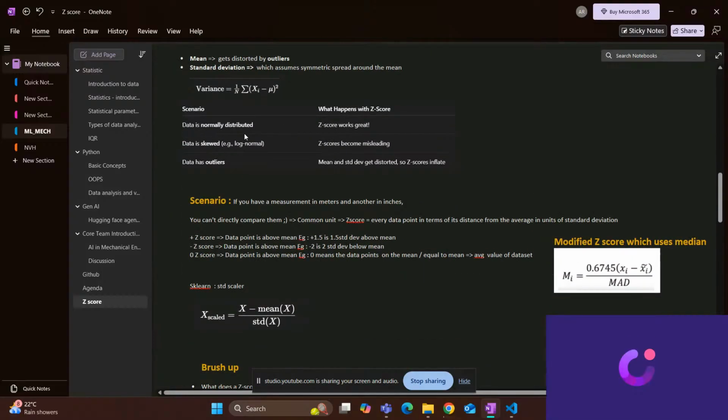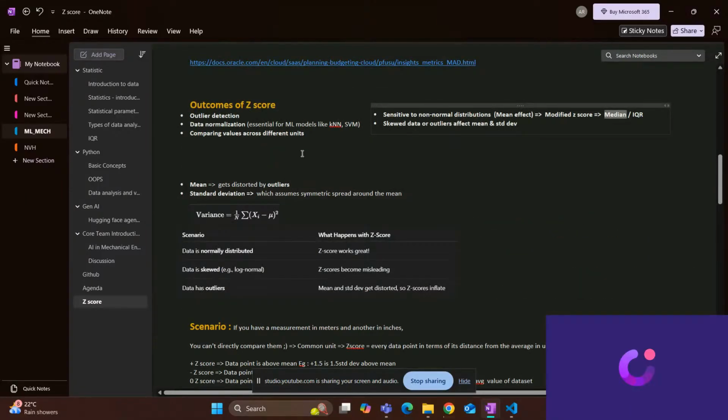That is the same thing I have explained over here: the z-score works very well, but for skewed data, the z-score doesn't work very well. And the outcomes are nothing but outlier detection, and comparing two different features of two different units.